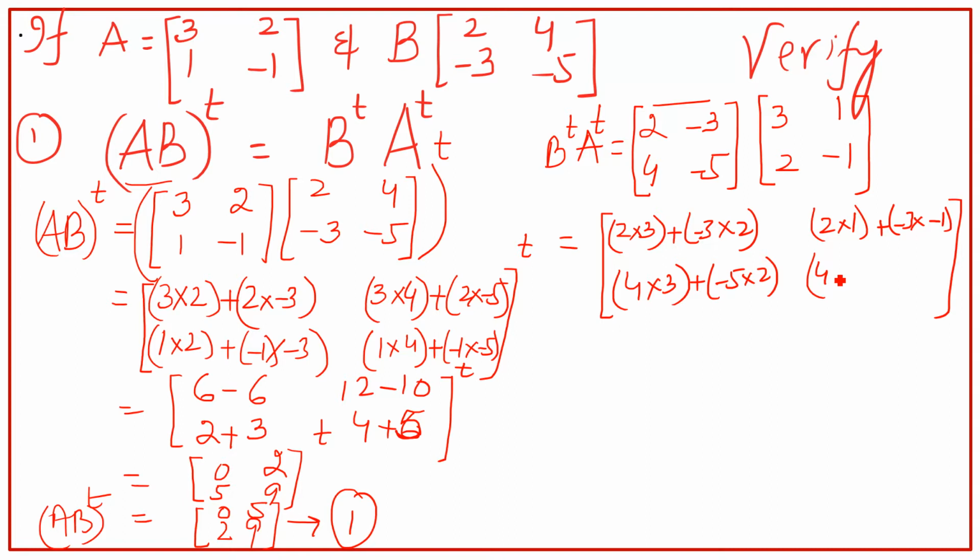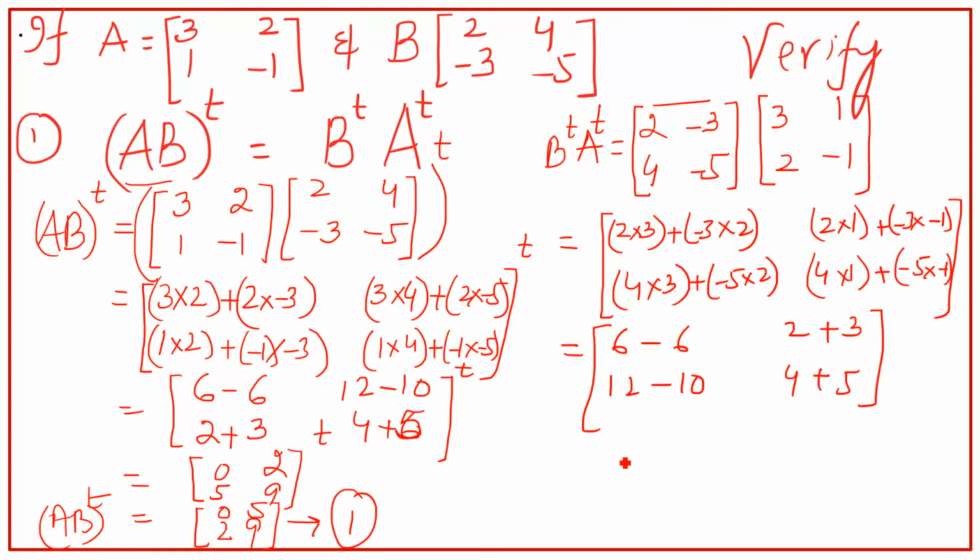Same second row with the second column plus -5 multiplied by -1. 6 minus 6, it is 0, 12 minus 10, and here is 2 plus 3 and here is 4 plus 5 because this is -1. So it is 0, 2, 5 and 9, right? So this is 2.